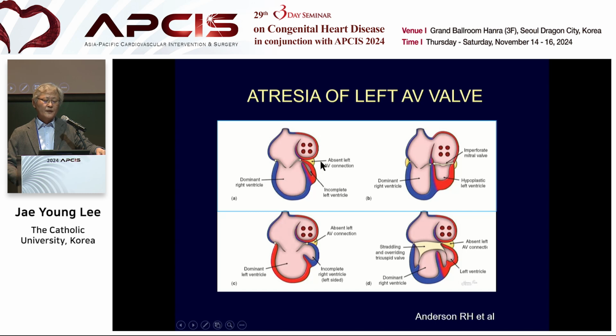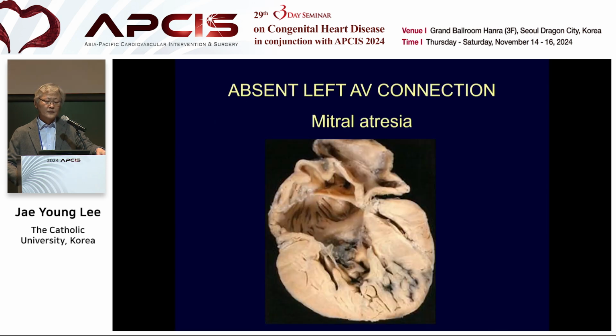And absent left AV connection, mitral atresia, imperforate mitral valve, and other rare types can exist. This is the atresia of left AV valve. Mitral atresia, you know, there is no connection between the left side atrium and the small slit-like chamber.